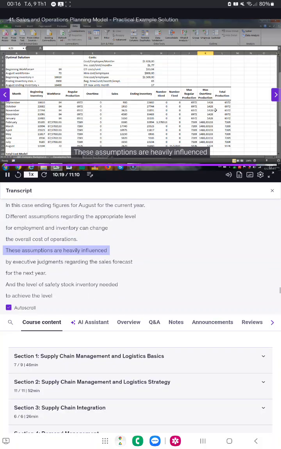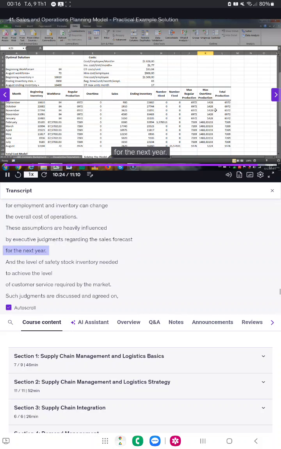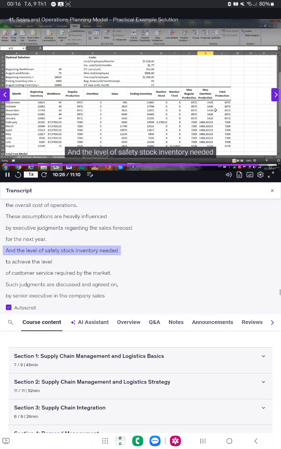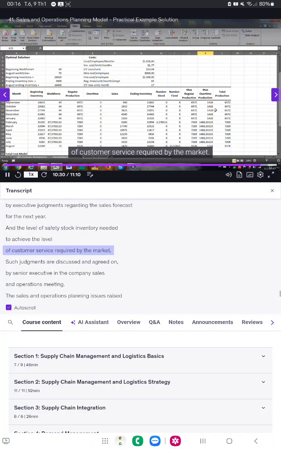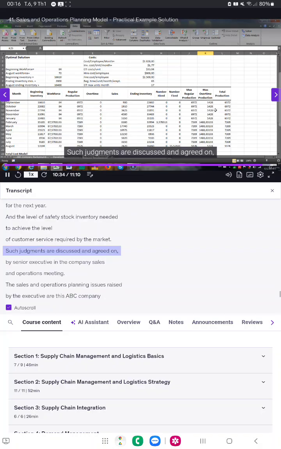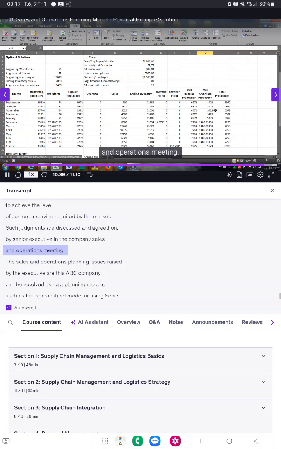These assumptions are heavily influenced by executive judgments regarding the sales forecast for the next year and the level of safety stock inventory needed to achieve the level of customer service required by the market. Such judgments are discussed and agreed on by senior executives in the company's sales and operations meeting.